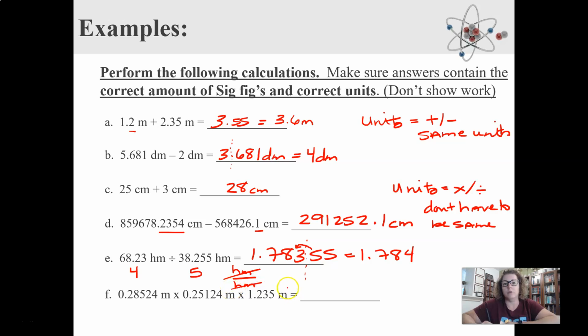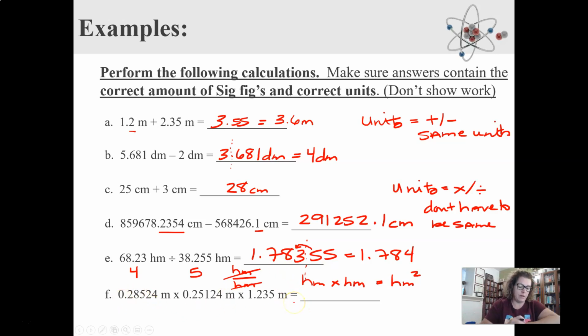So if they are the same unit dividing, then we don't have any units. But what if we would have been multiplying here instead? If I would have had HM multiplied by HM, then I have HM squared, not 2 times HM. So HM times HM is HM squared. In this case, we have nothing after the units because we divided. So they don't have to be the same. I could have had a hectometer multiplied by a meter. Then that means it's not squared. They didn't cancel out. You have both units. And there should be an example coming up like that.